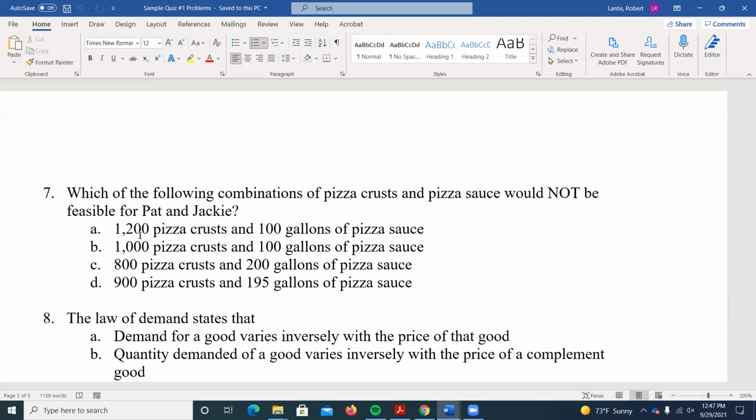We also went through some examples when it comes to equilibrium. The definition is where quantity supplied is equal to quantity demanded, so the price at which that is true. But we also talked about we can do this with equations, right?